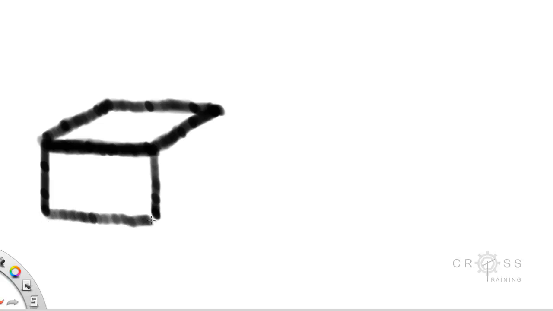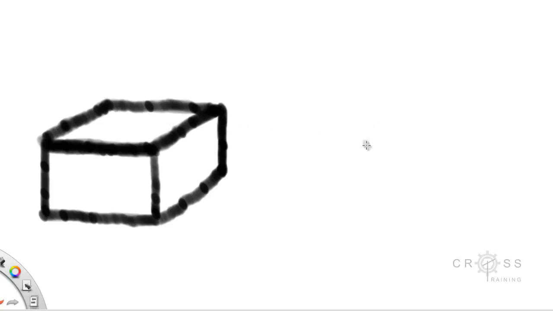I'm going to do the best I can to do this. And then this edge up here on the top right must be parallel to the edge on the bottom right. And that is essentially an orthogonal view square.